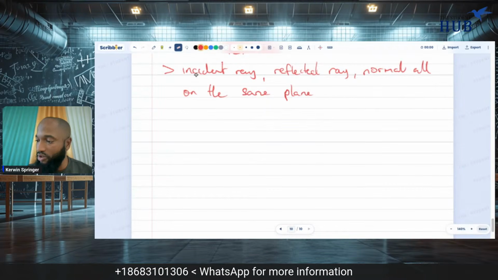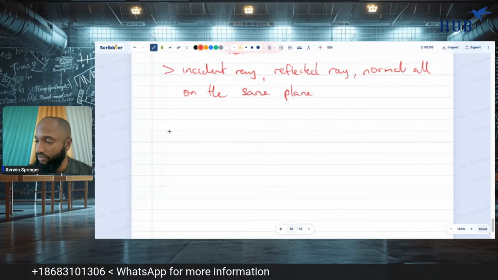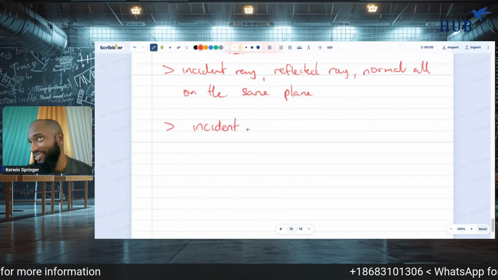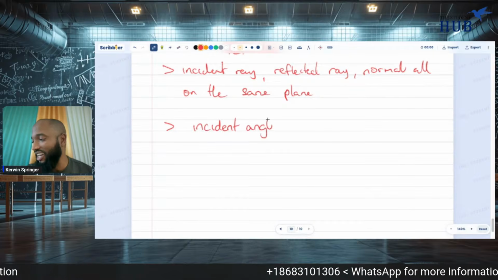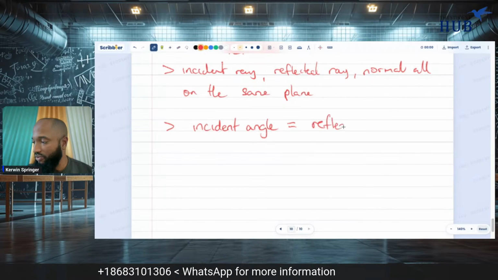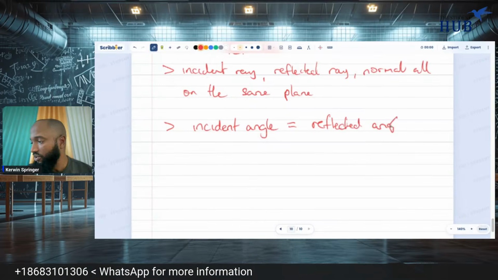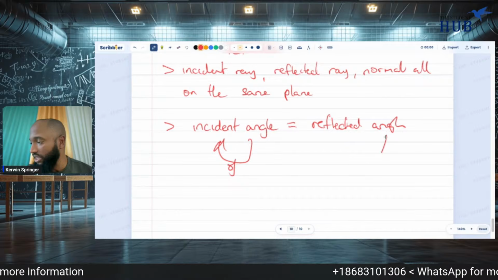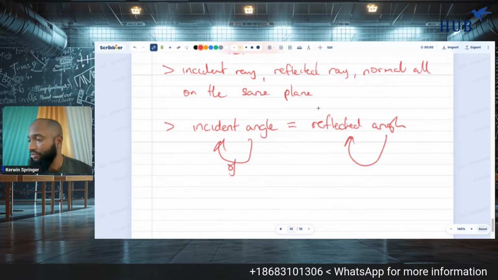And what's the next law of reflection? Angle of incidence is equal to the reflected angle. Better stated, the angle of incidence is equal to the angle of reflection.